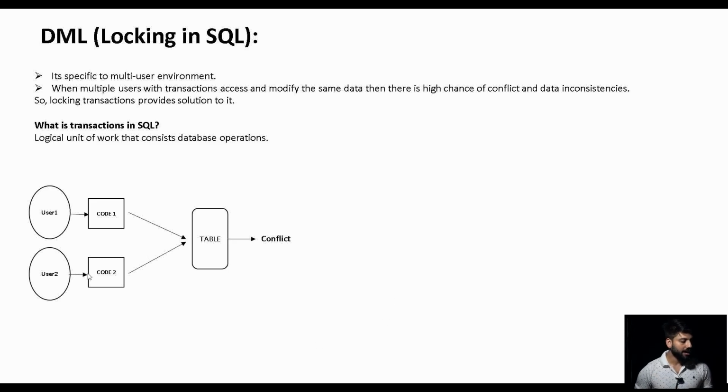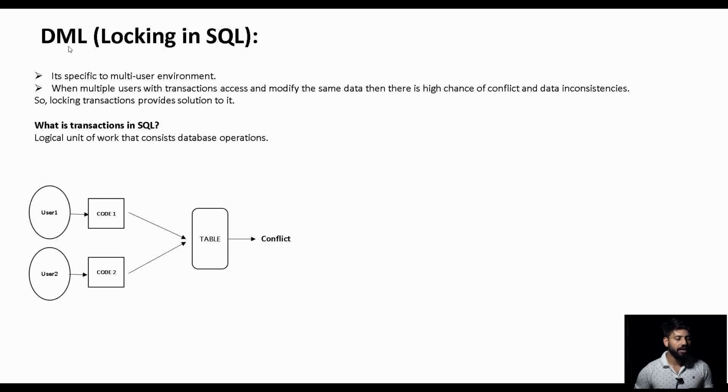With this particular diagram you will easily understand that this is user 1, this is user 2, both having their different transactions. That is, code 1 is transaction 1, code 2 is transaction 2, and both are interacting with the same table or the same data, you may say. At the same time, it may go fine when they are just selecting, that means when they are only viewing the data.